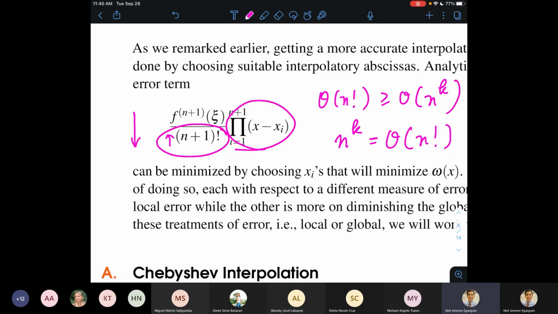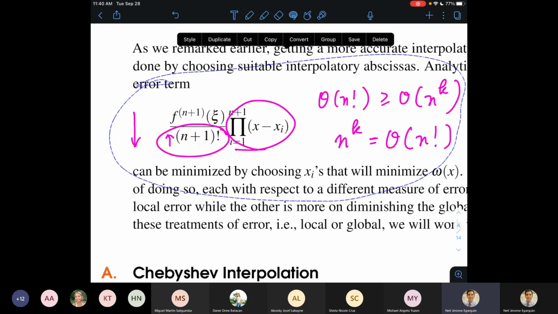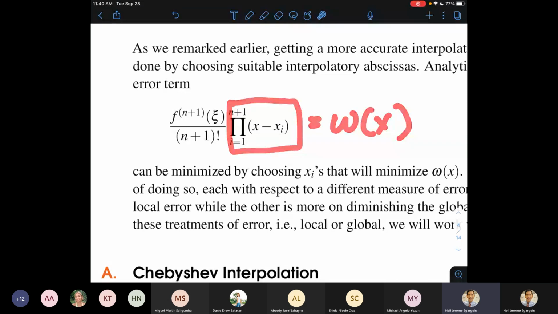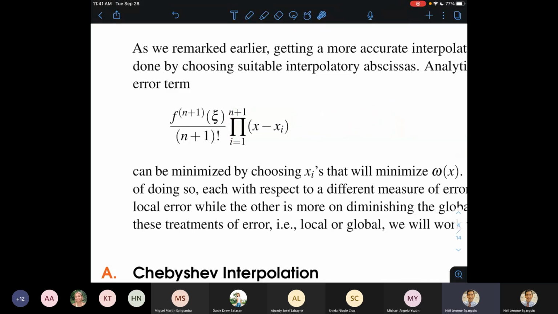Now, if we don't want to increase the number of points, then an alternative approach is to minimize this guy. I-minimize natin itong factor na to. Okay? Now, let's call this omega. So, ito, tawag natin omega of x. So, we want to minimize omega of x.